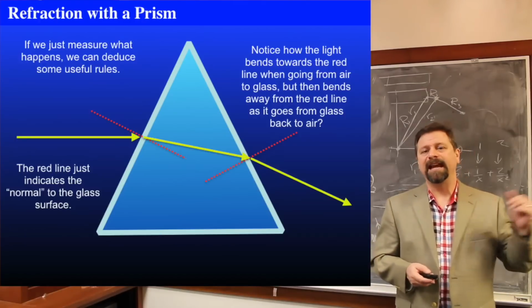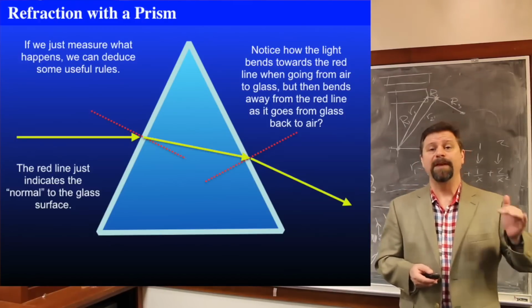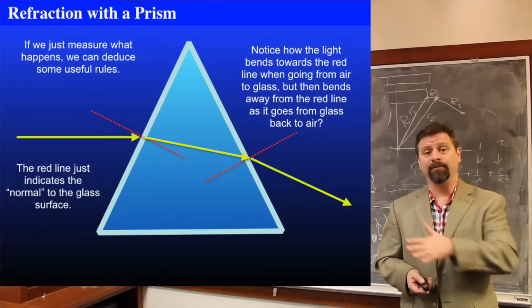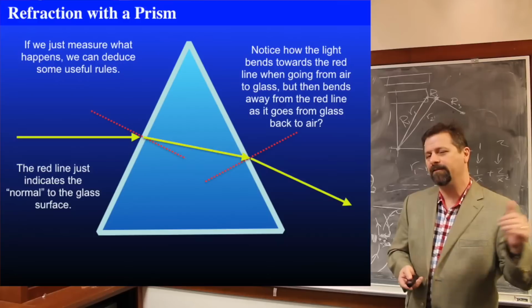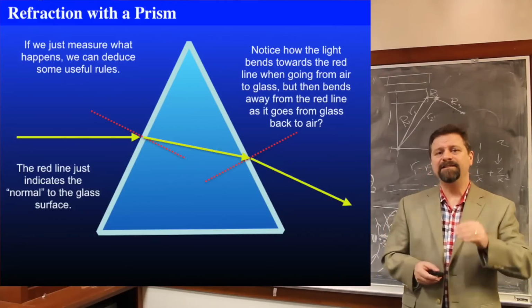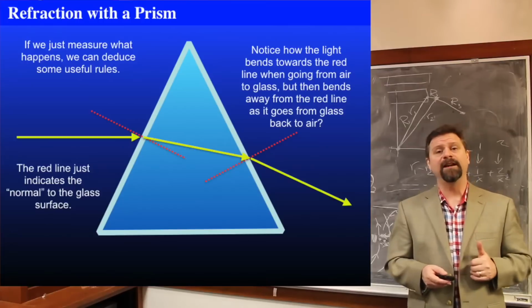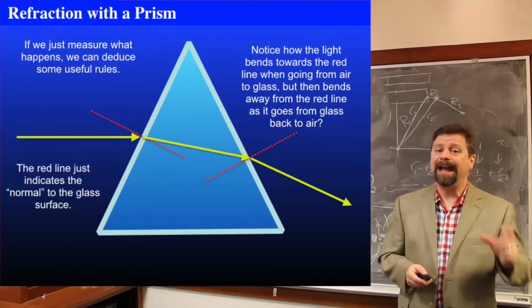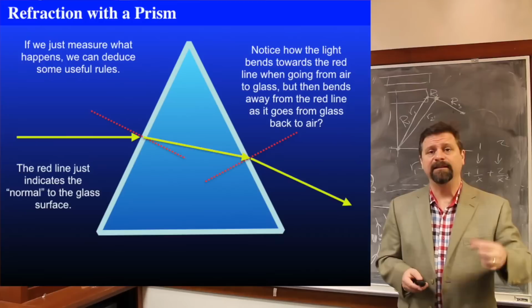We can then say the light is coming in with some angle with respect to the normal, and then it goes into the prism, and that normal can be thought of as being extended into the prism as well, and we see that this light is bending towards the normal. So it makes a bigger angle in air than it is in glass.